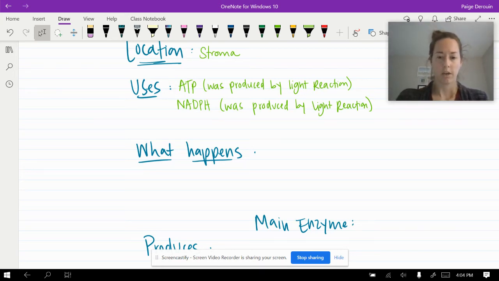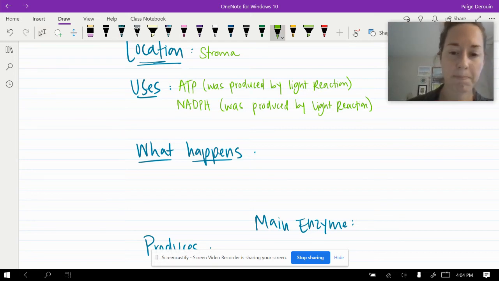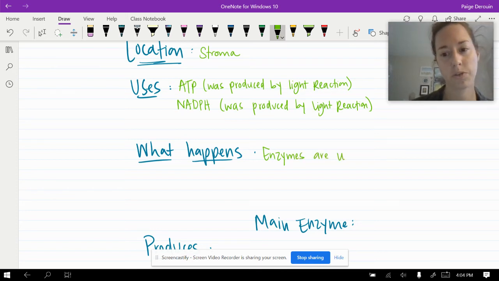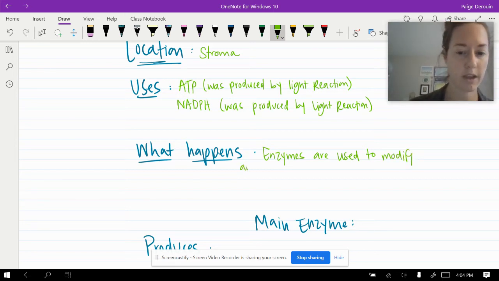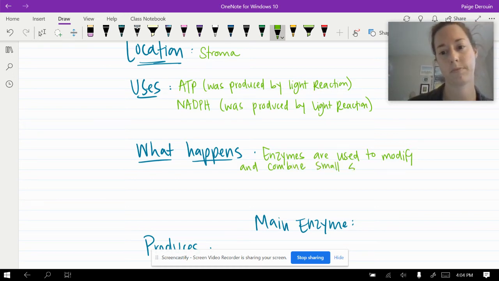But what occurs is enzymes are used to modify and combine small, simple sugars.